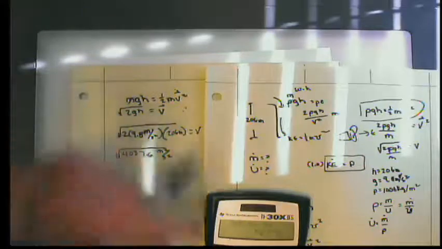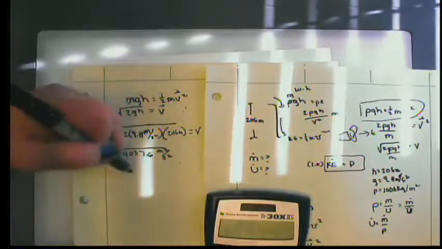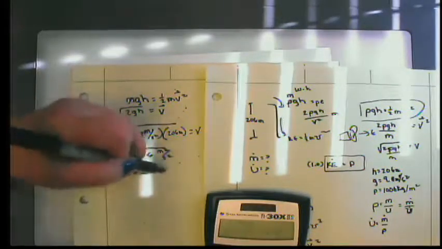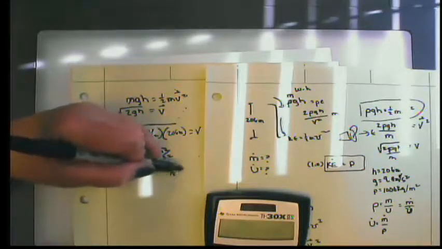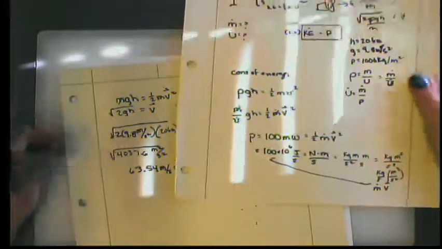So when I take the square root of that, I get 63.54 meters per second is equal to the velocity. Okay, so the velocity at the bottom is 63.54 meters per second.